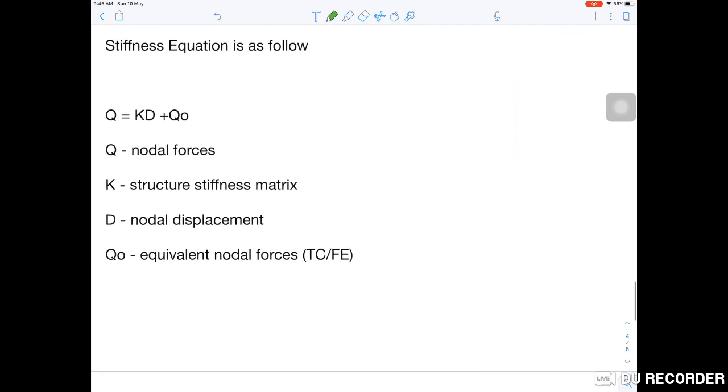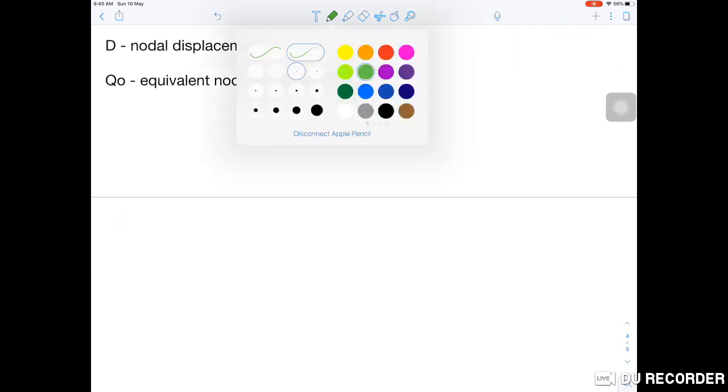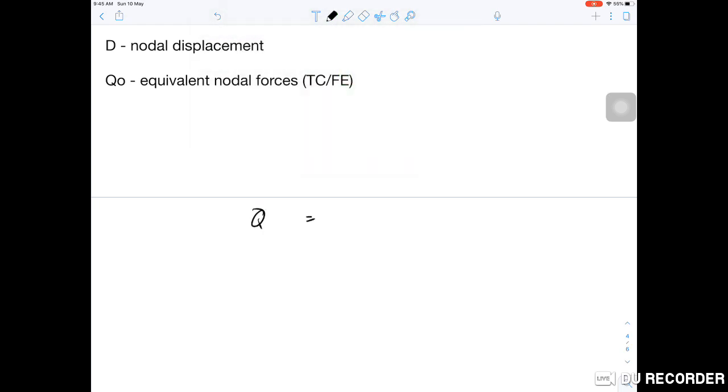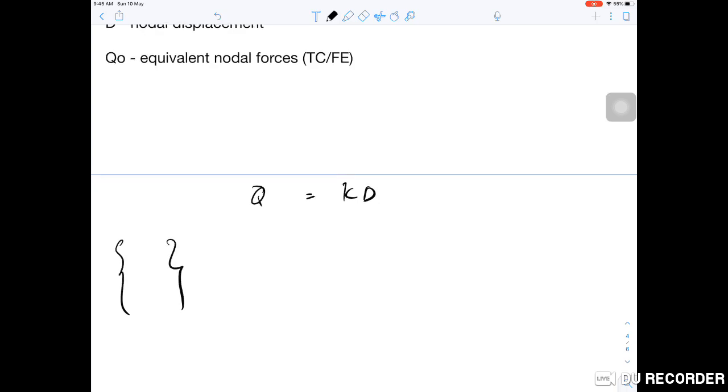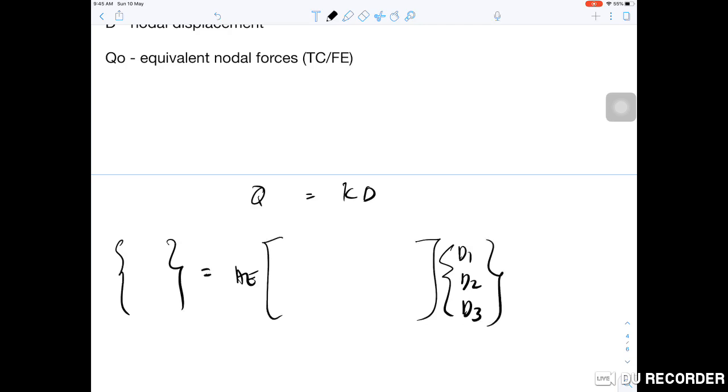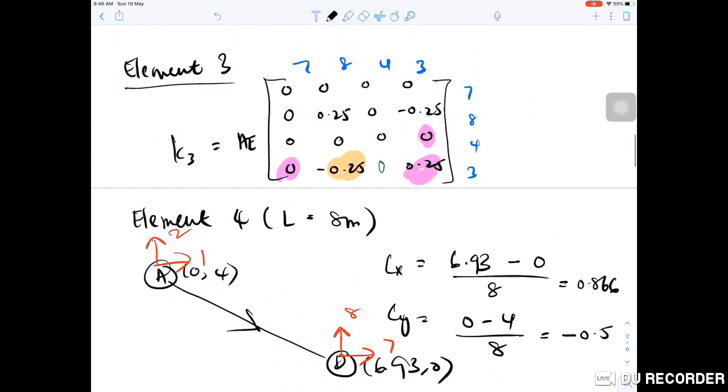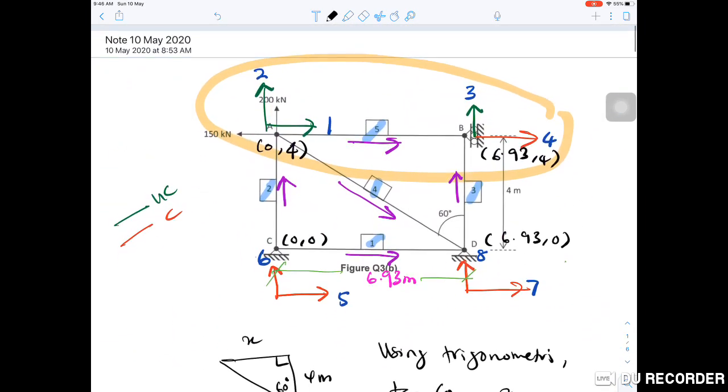So we will have Q equal to KD, and we focus on 3 values because the unconstrained degrees are 1, 2, 3. K times AE, times the displacement. For unconstrained, there are unknown displacements D1, D2, D3. Let's find the Q1, Q2, Q3 values from the question.